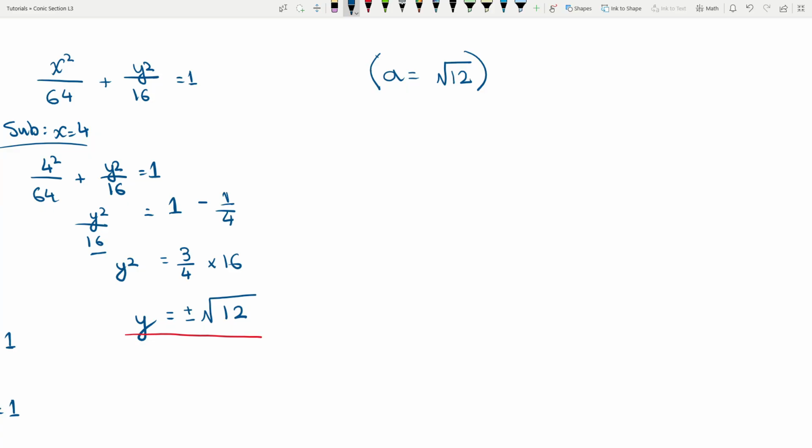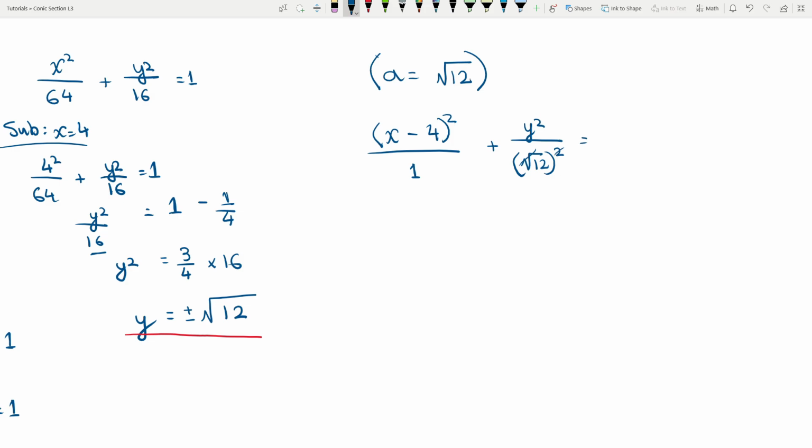So now we substitute this into our right side ellipse equation. (x minus 4) squared over our b value, which was 1, plus y squared over square root of 12 squared, and since it's squared, these both cancel out.